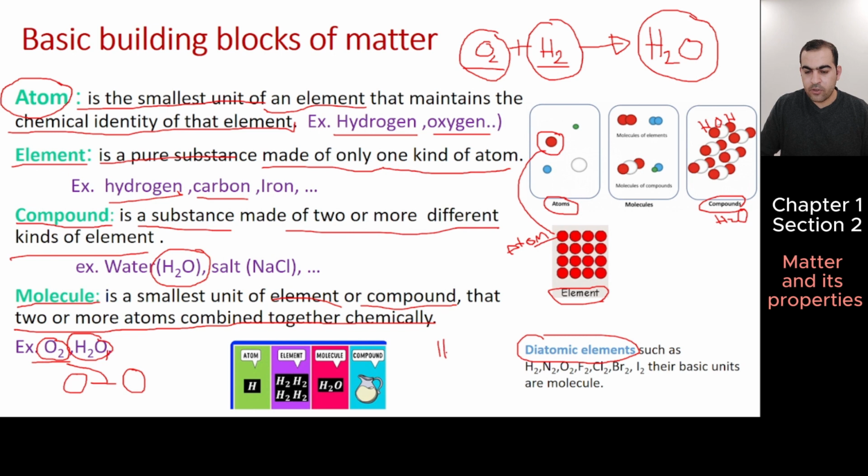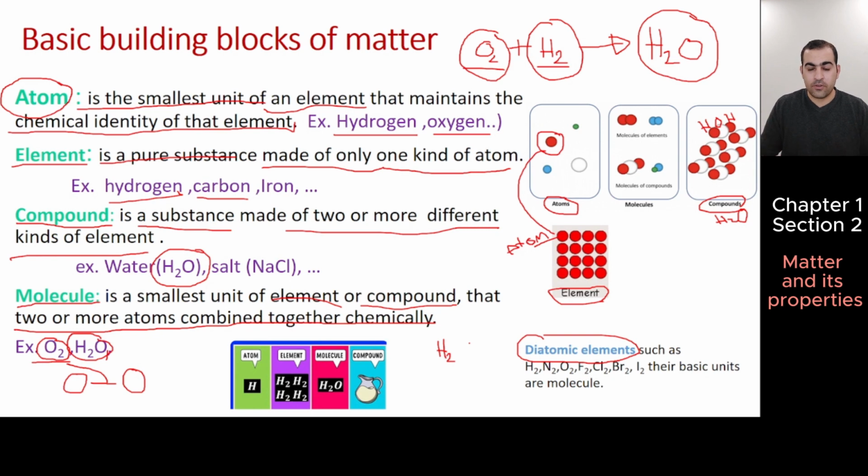For example, hydrogen. We don't have a single hydrogen atom in nature. They are in pairs, so they have bonded together. So H2 is a molecule because 2 hydrogen atoms have bonded together. In nature, all the hydrogen atoms are in pairs.